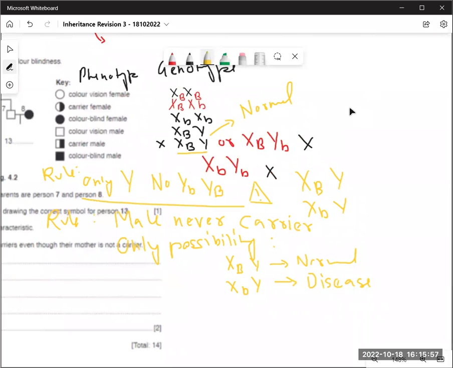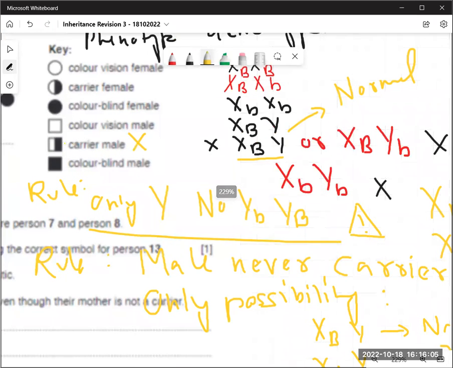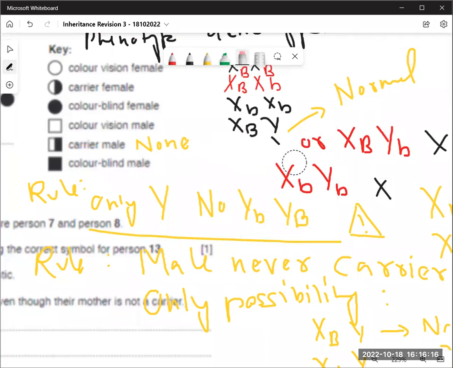Carrier male and colorblind are not the same. There is no carrier male. They've just given this here to confuse you. So no carrier male. Is that clear?